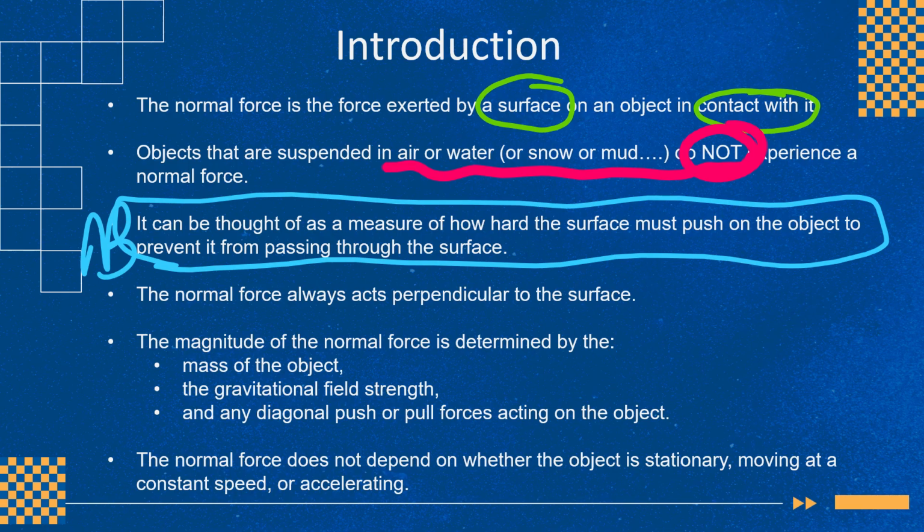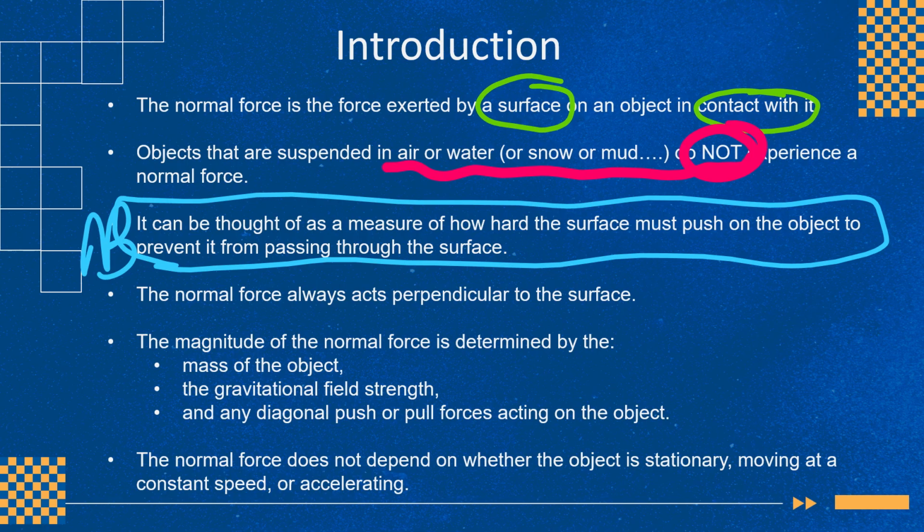third bullet, it's very important that you know that a normal force will always prevent the object from passing through the surface. And neither snow nor mud nor water or air do that. Objects can freely move through mud, through snow, through water, through air.